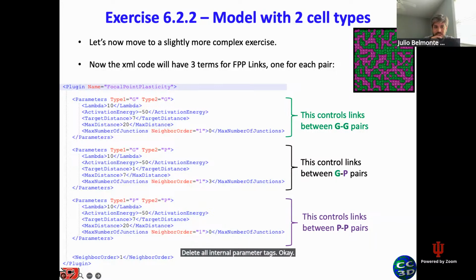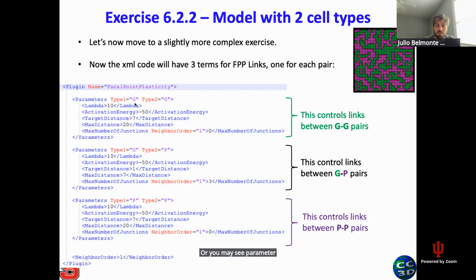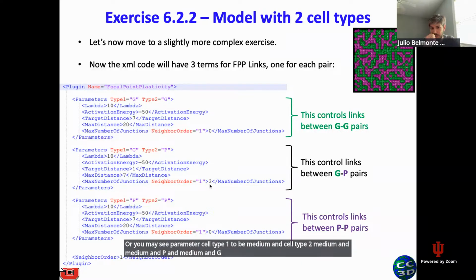We're not dealing with subcompartments. The other thing that you may see if you're using CompuCell Player 4.9 is something that's kind of a bug in the wizard, because it also defines the parameters between the cell pairs and the medium. So you might see parameters with cell type 1 being medium and cell type 2 being G or P, and so on.